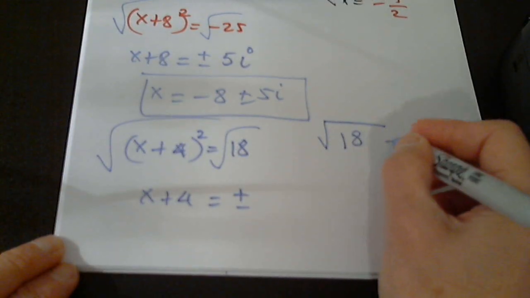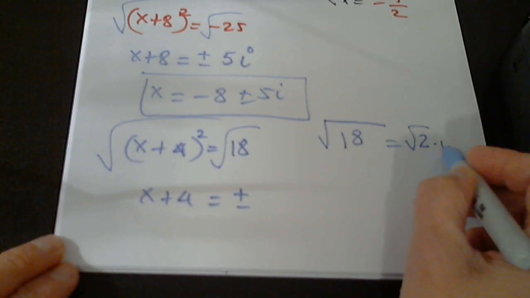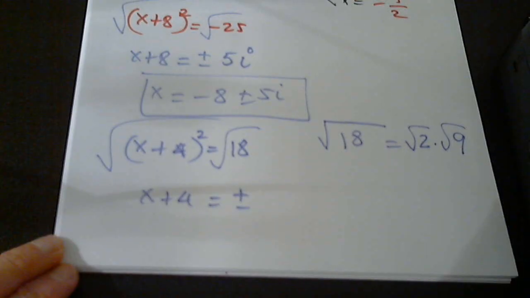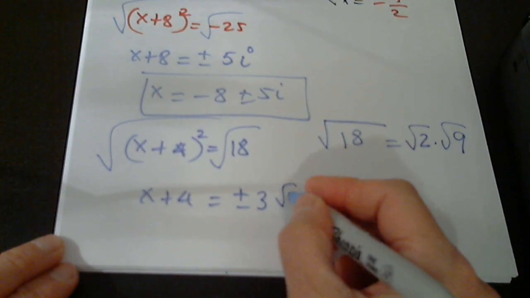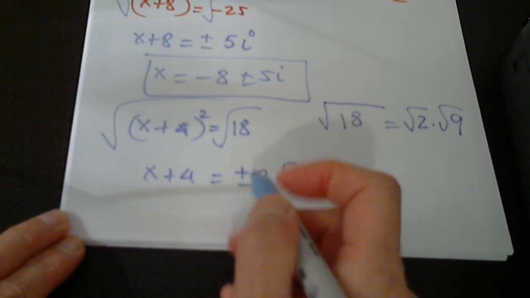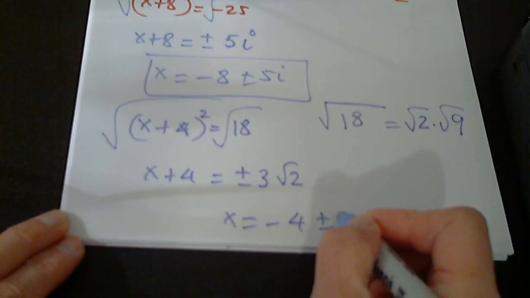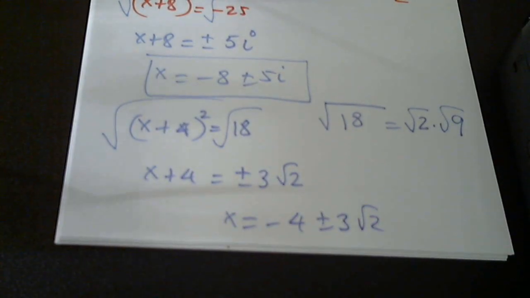The square root of 18 is the square root of 2 times the square root of 9, so this will be 3 square root of 2. You still have to move 4. Careful, because now they are expecting us to know how to simplify radicals. Okay, I took 1 minute of your time.